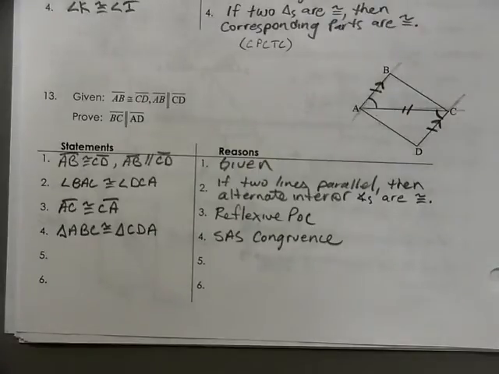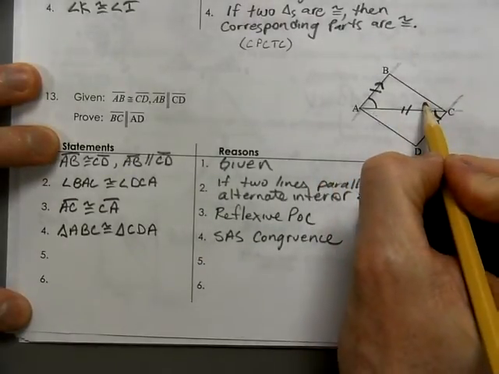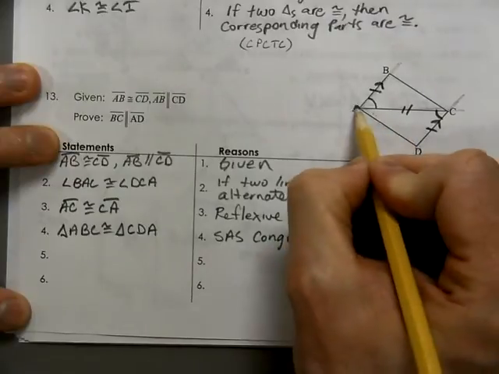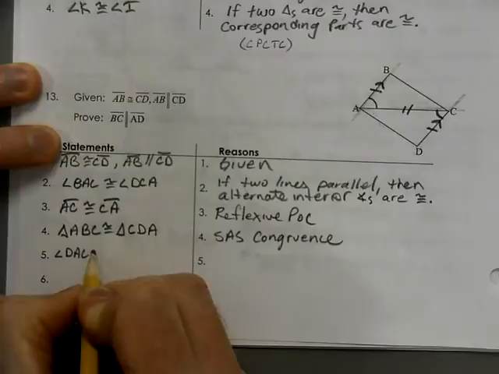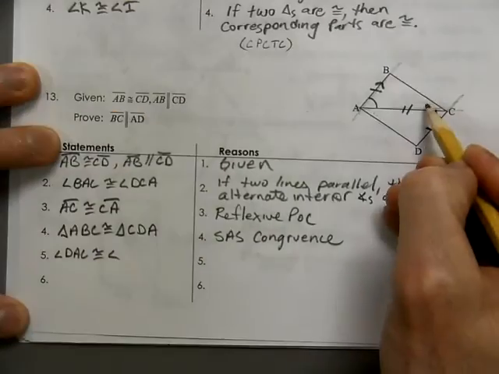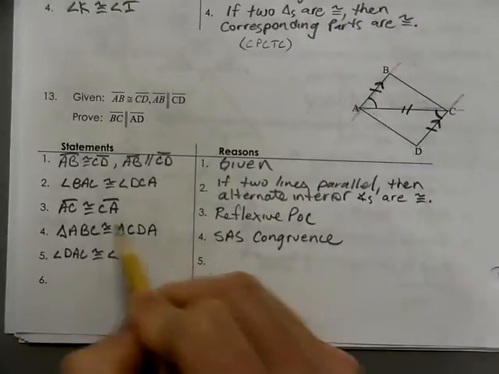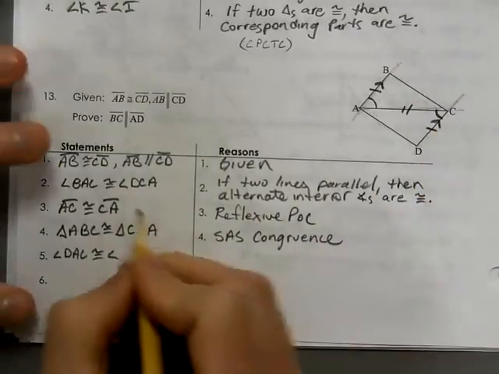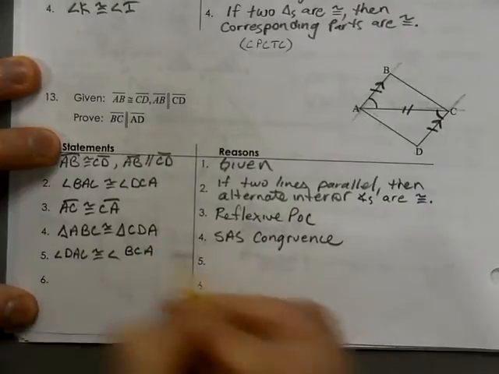If they're congruent to each other, then I know the corresponding angles have to be congruent. So this angle has to be congruent to that one. This one's name is DAC. Has to be congruent to its alternate interior, BCA, because the triangles are congruent.